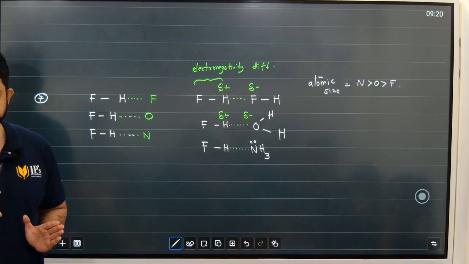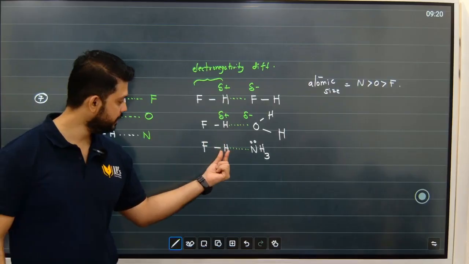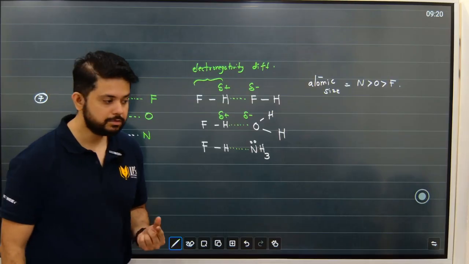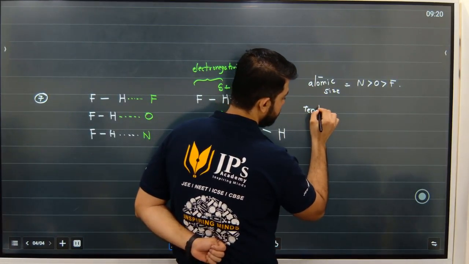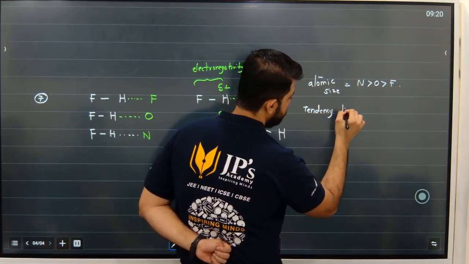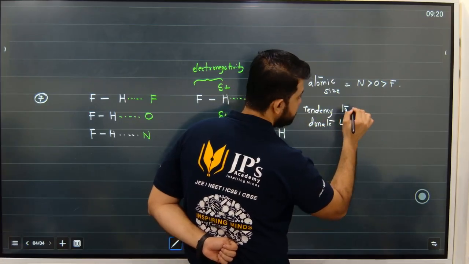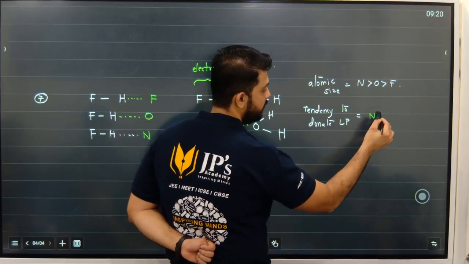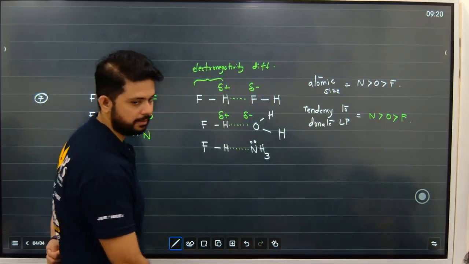However, the strongest bond over here is between hydrogen and the nitrogen. Why? Because the tendency to donate lone pairs is the highest for nitrogen, then oxygen, and then fluorine.